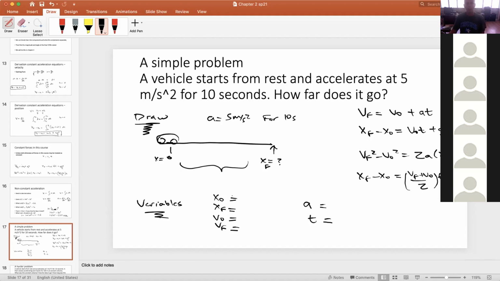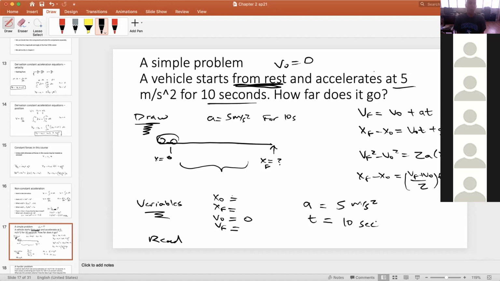Now you read the problem and fill in these variables. We're told that the vehicle starts from rest. Rest means v initial is 0. We're assuming everything is in the positive x direction, by the way. We're told it accelerates at 5 meters per second squared for 10 seconds.